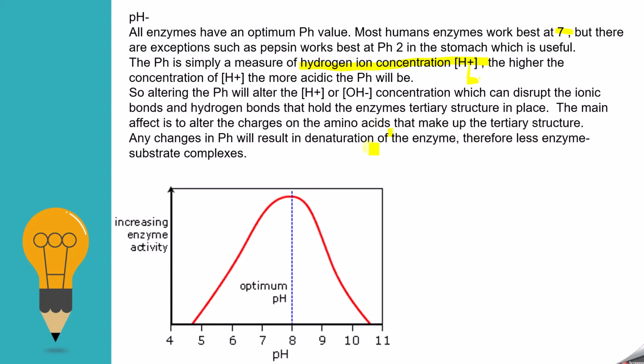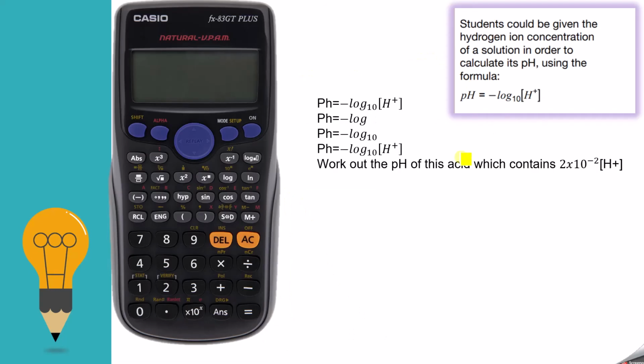Any changes in pH will result in the denaturation of enzymes, therefore fewer enzyme substrate complexes. So you've got to look at this: a slight fluctuation to the left or to the right can involve denaturation of the enzyme, hence fewer enzyme substrate complexes.